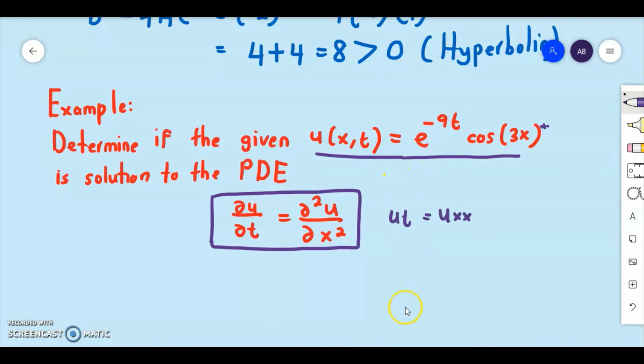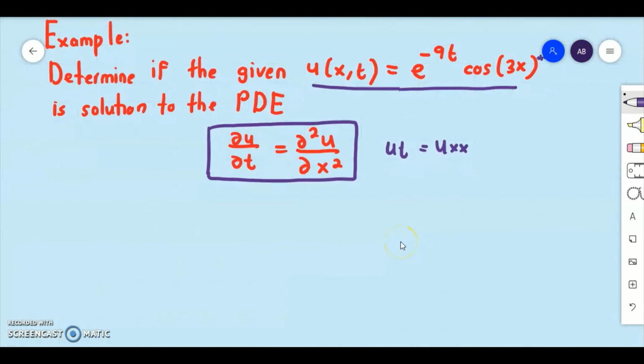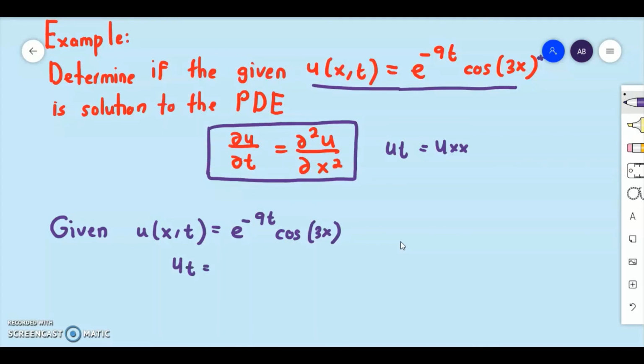So this question is not that hard. I would like to write as given u(x,t) equals e to the negative 9t cos 3x. So you differentiate with respect to t. So I have negative 9 e to the negative 9t cos 3x. That's all I can do.